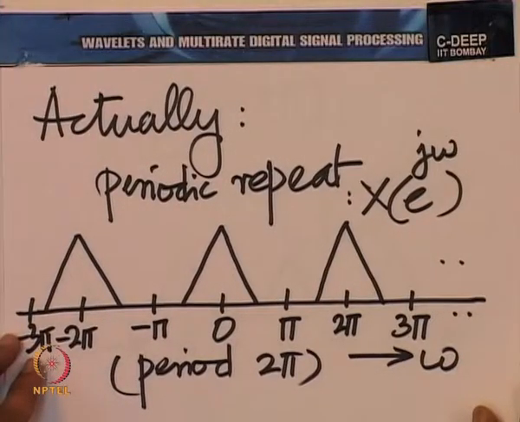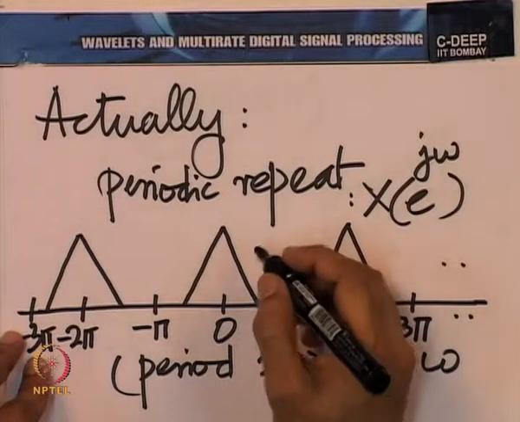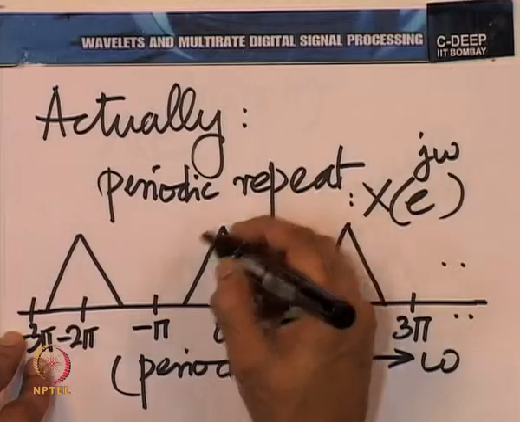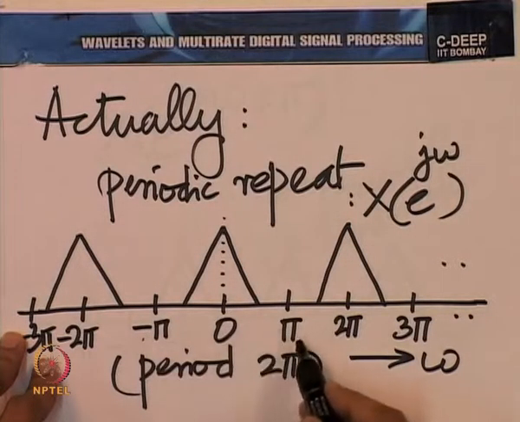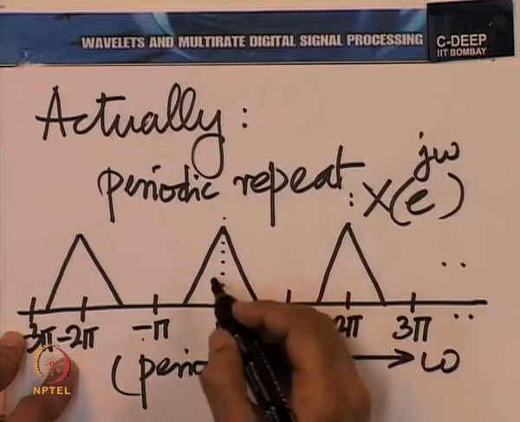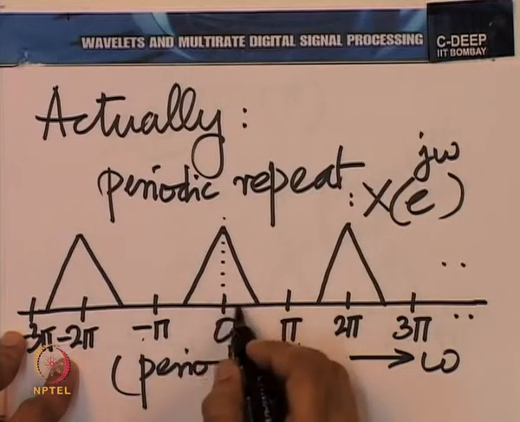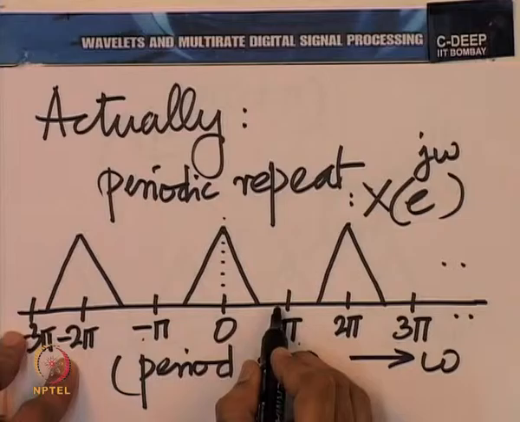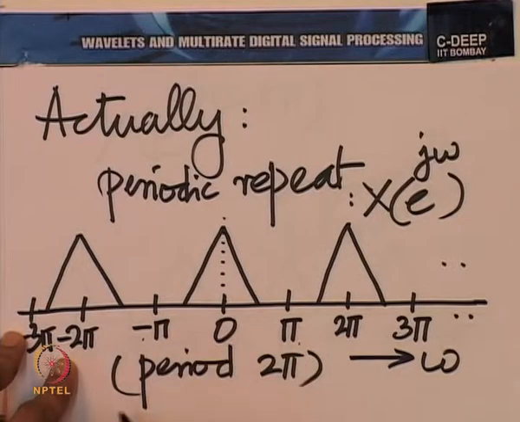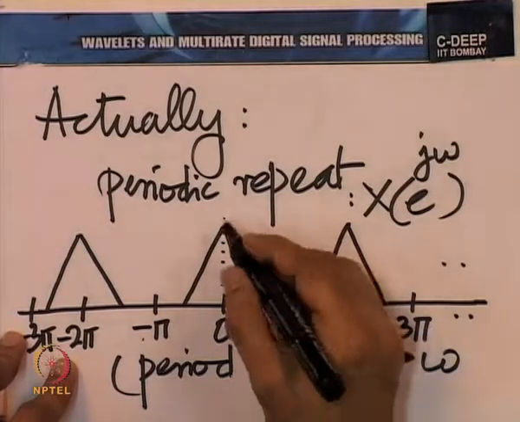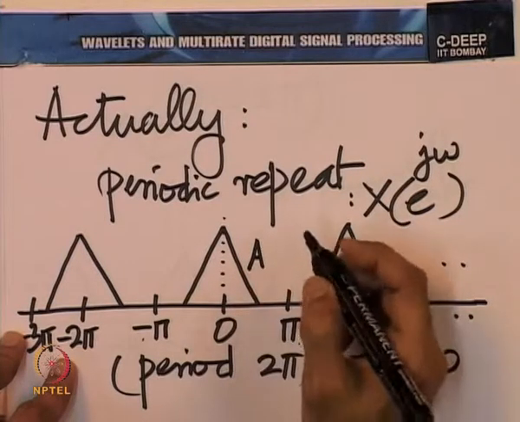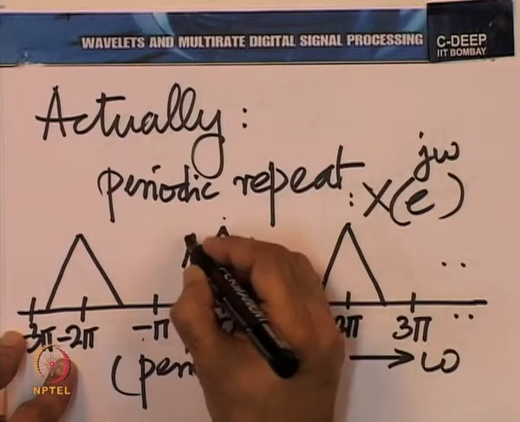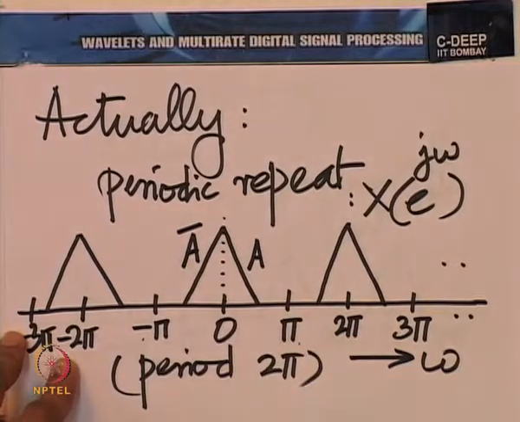In X of e raised to the power j omega, if you look at the principal interval minus pi to plus pi, we notice there are two segments, for the positive side of the omega axis and the negative side of the omega axis. Let us call the segment for the positive side A and the segment for the negative side A bar, and in fact, there is a reason for this.